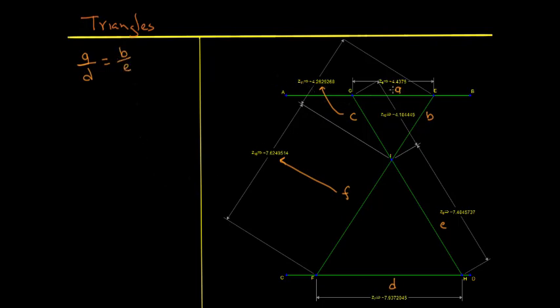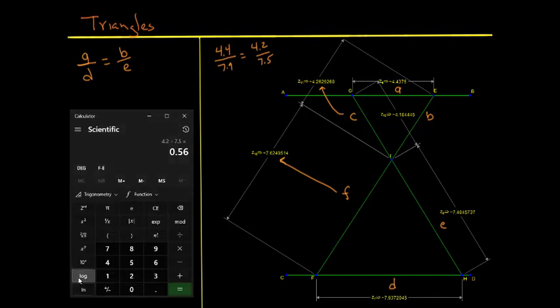We'll say that side A is 4.4 and side D is 7.9. And that has to equal, we'll say 4.2, I rounded, and 7.5. So I rounded pretty heavily. These may not come out perfectly because of that, but let's see what happens.